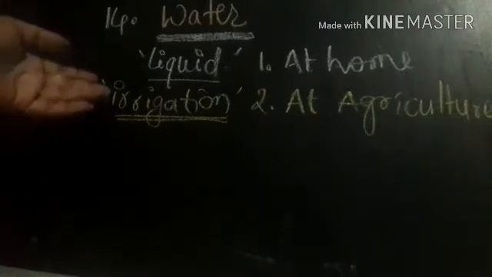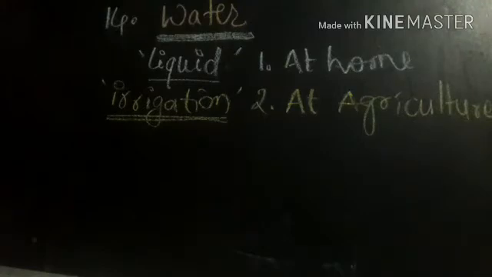So irrigation can be done with the help of borewells or whatever water bodies are present around the agricultural field. When you cultivate more water-needed crops, then we need more water.